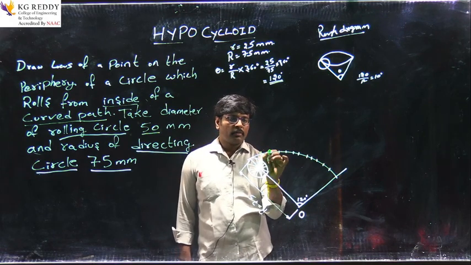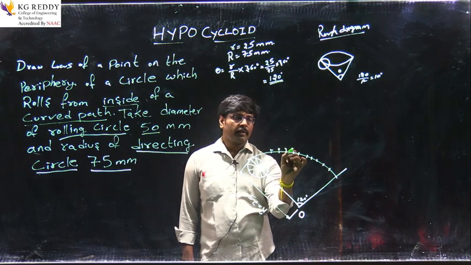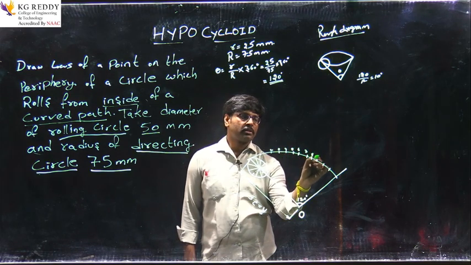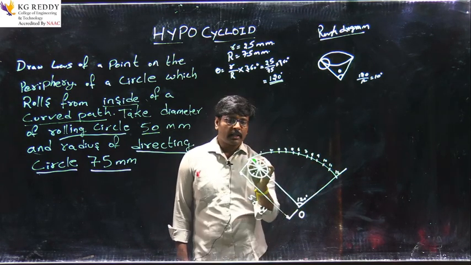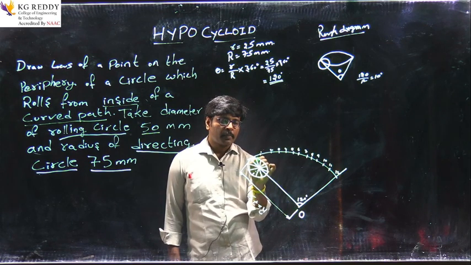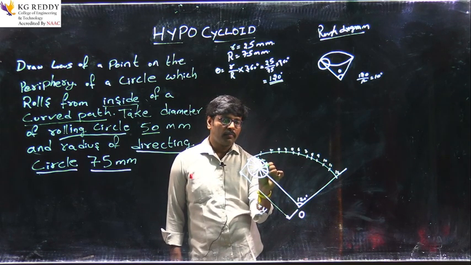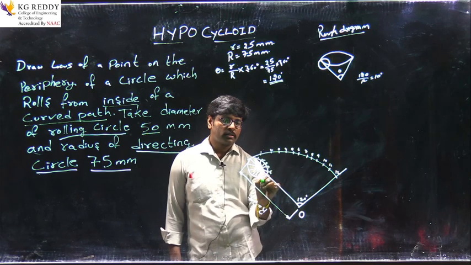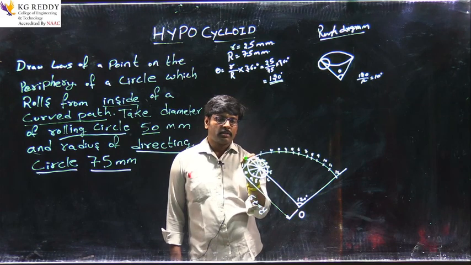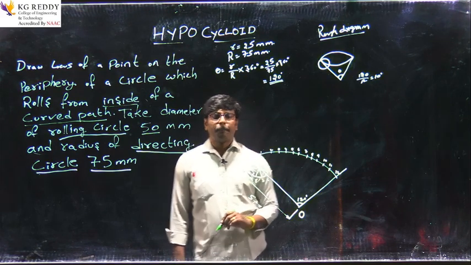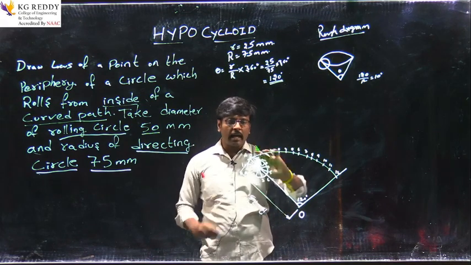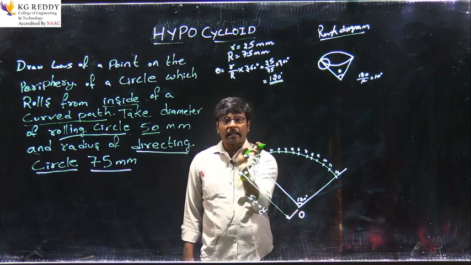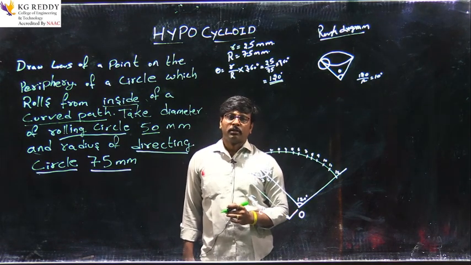And here it is 1, 2, 3, 4, 5, 6, 7, 8, 9, 10 and 11, 12. The same points which we get here are 1, 2, 3, 4, 5, 6, 7, 8, 9, 10, 11 and this is the 12, that is nothing but point P. The only difference is that we take these numbers in a clockwise direction in the hypocycloid and anti-clockwise direction in the epicycloid, which we have to remember.